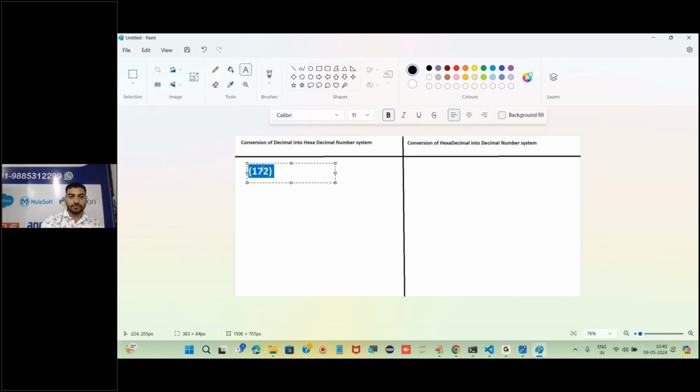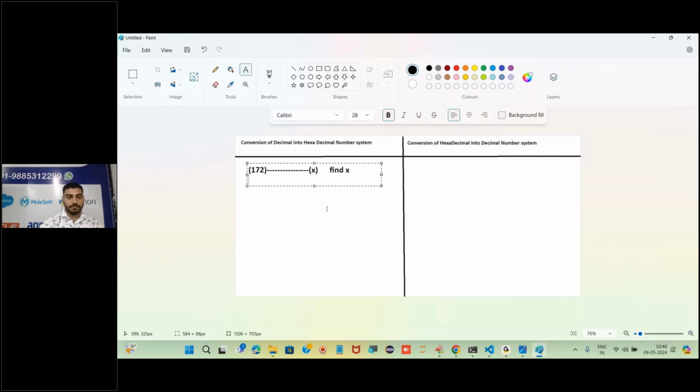I am converting this 172, which is a decimal number, into X.